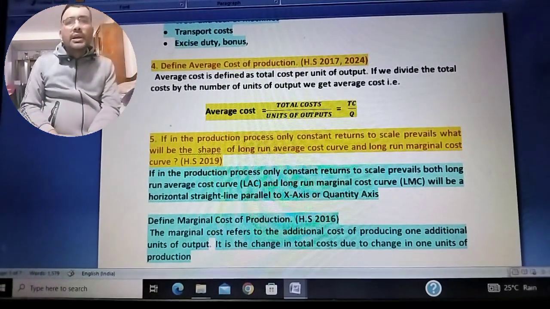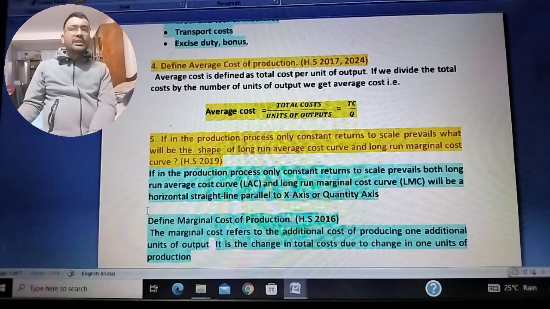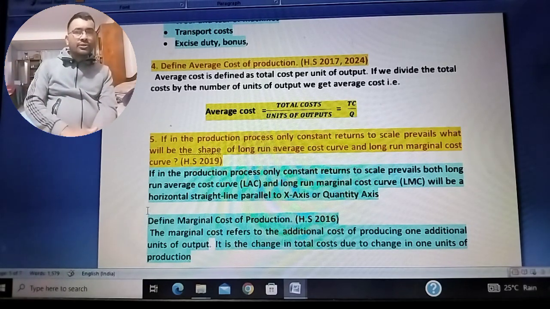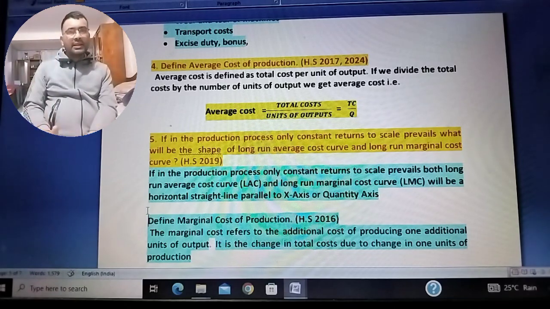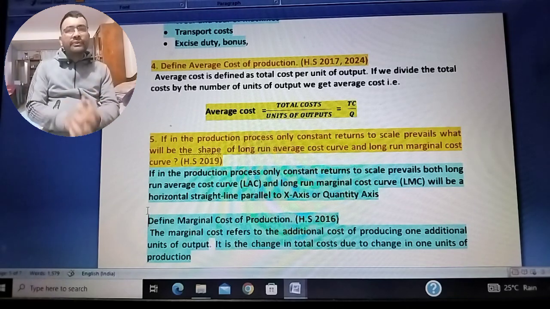The question is, there are different returns to scale: increasing returns to scale, decreasing returns to scale, as well as constant returns to scale. The question is asking, if only constant returns to scale prevails, then what will be the shape of the long run average cost curve and long run marginal cost curve?